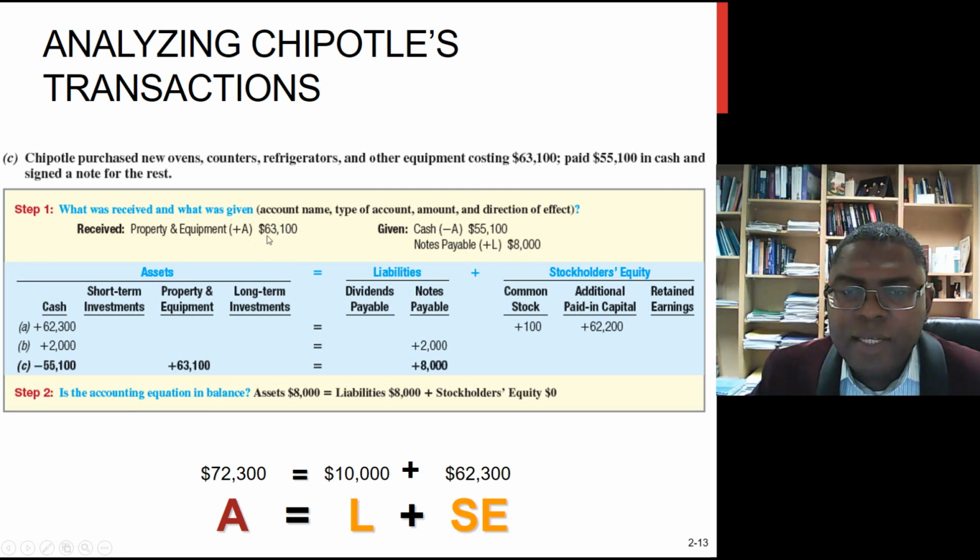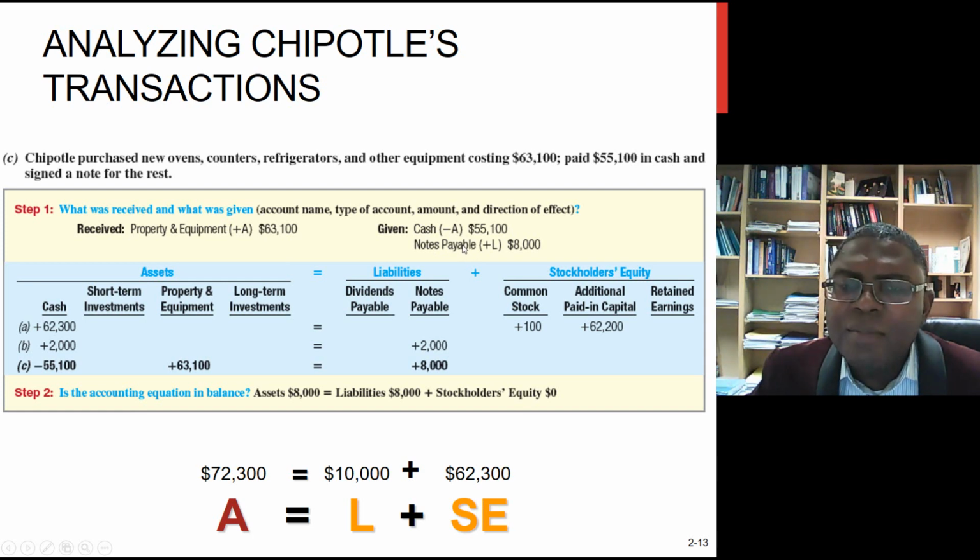So asset is increasing by 63,100. At the same time, asset is also reducing. What asset? Cash. The company paid cash 55,100. So cash is reducing by 55,100.